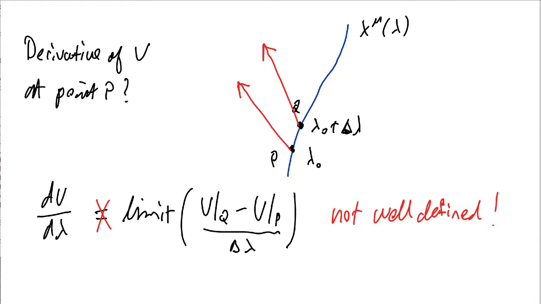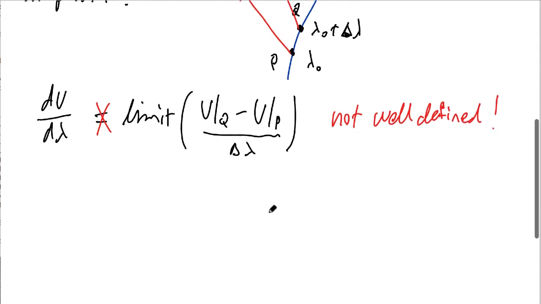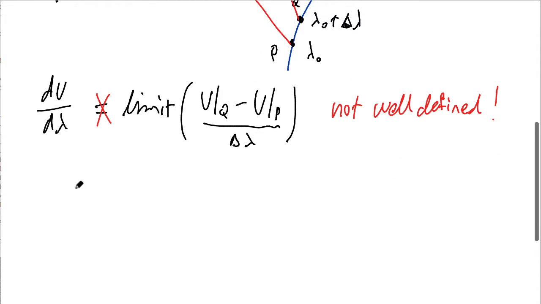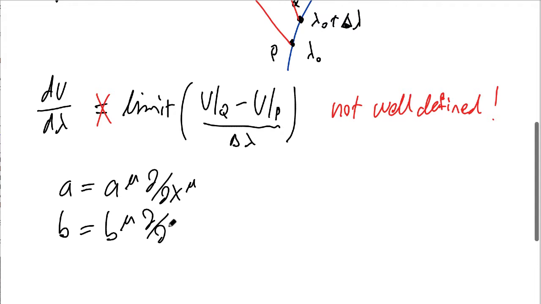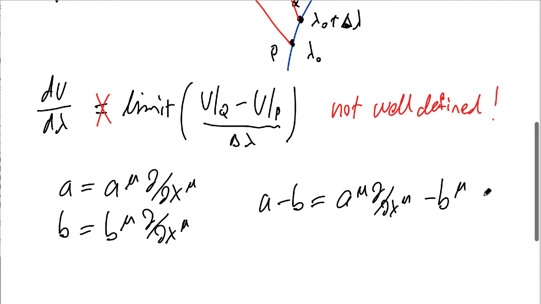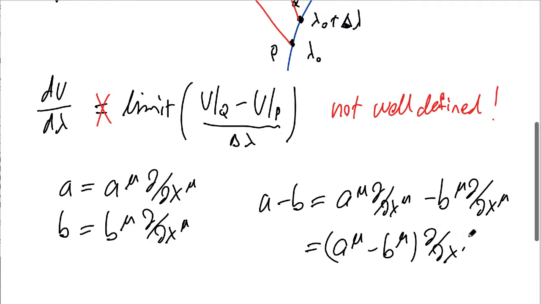All right, now if we have two vectors that just sit at the same point in a space or space-time, we know how to subtract them. Let's say we have a vector A, which expanded in a coordinate basis is a mu d by dx mu, and another vector B. If these vectors sit at the same point, then A minus B is just a mu d by dx mu minus b mu d by dx mu, and we can factor out the d by dx mu and just write a mu minus b mu times d by dx mu.